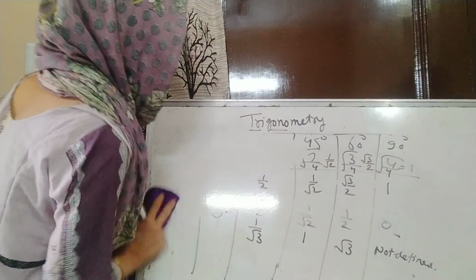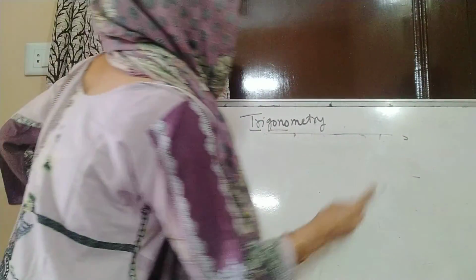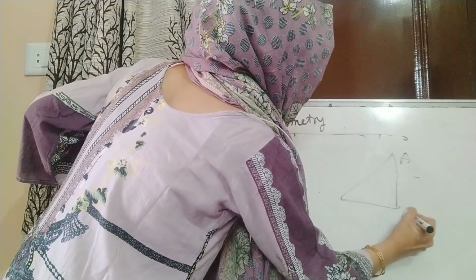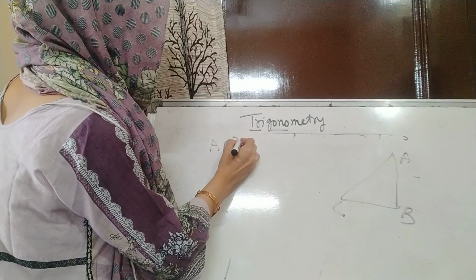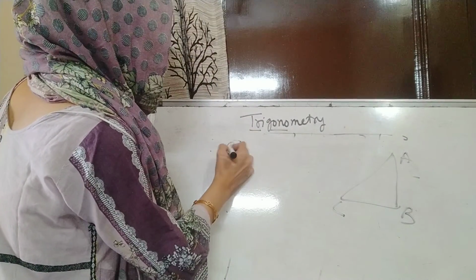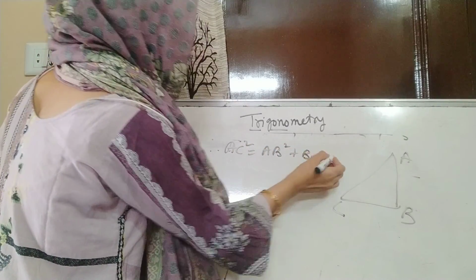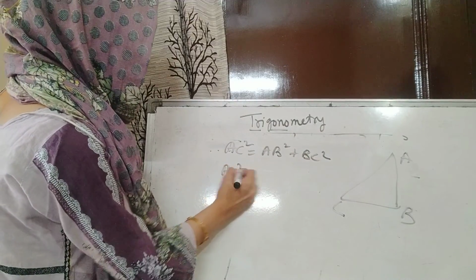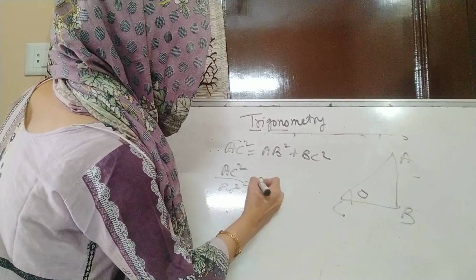Now let us see some trigonometric identities. Let us again take a right angle triangle ABC. Let us first write Pythagoras theorem, which is AC square is equal to AB square plus BC square. Now let us divide this whole equation by AC square, and let us say this angle is theta.